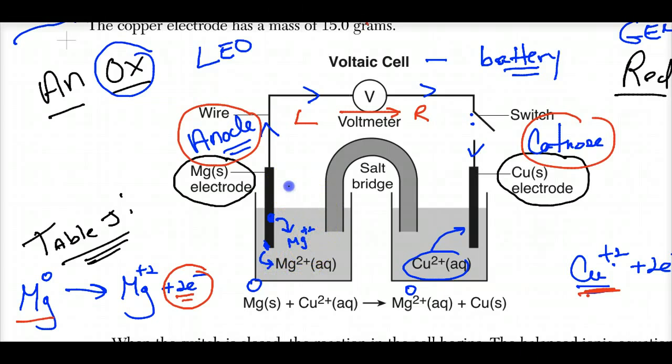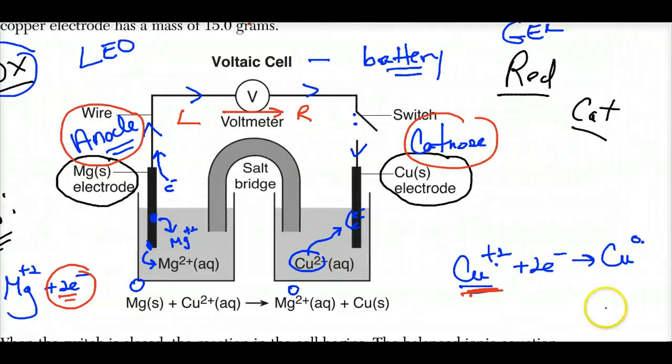How can electrons flow through the wire this way if this beaker gets positive? It'll never happen. Now on the opposite side, copper plus 2, now electrons are supposedly sent through the wire, right here. Now the copper plus 2 is attracted to it and makes pure copper. That's what happens here.